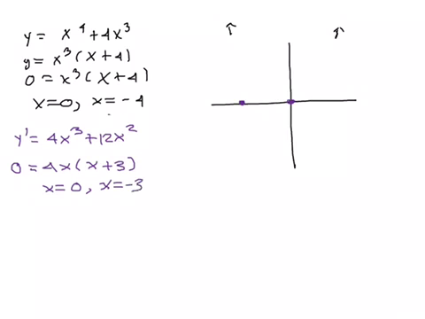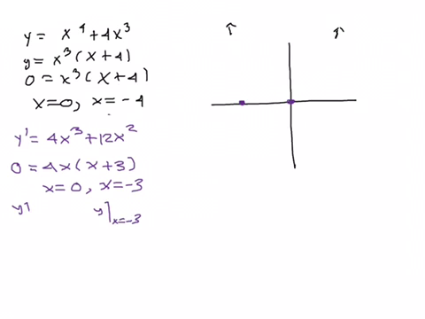I want to know what those points are, so I'm going to plot them. To find them, I have to evaluate the original function at x equals 0 and x equals -3.